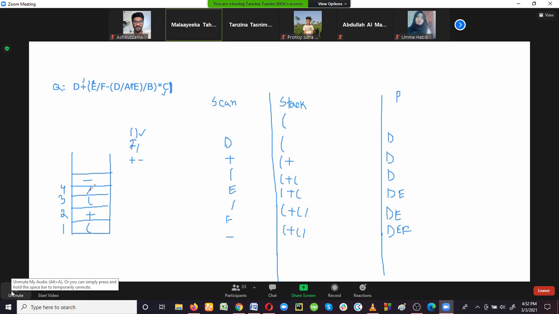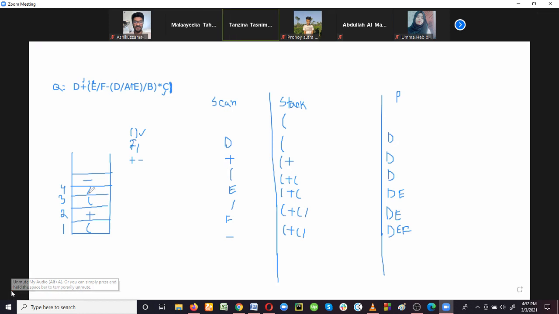This division operator has a higher precedence level than minus. That's why the division should be the topmost operator, and after that we can place minus or any other lower level operator. So whenever a lower level operator comes, we have to pop the topmost element from the stack and add it to the postfix notation. If we want to store this minus in this stack, at first we have to pop the topmost element, that is the division operator.